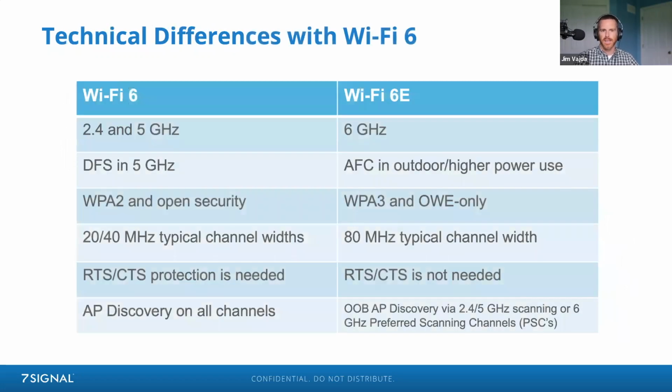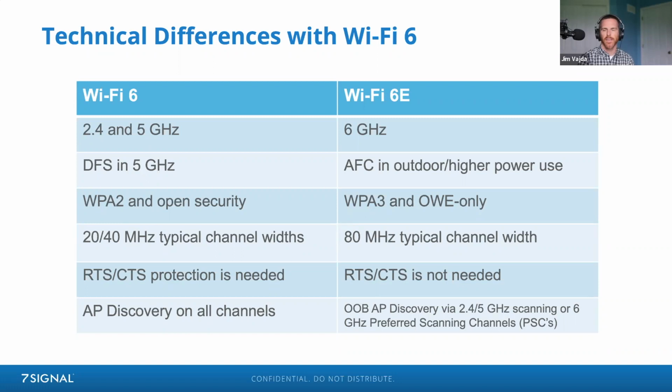A couple of the technical differences with Wi-Fi 6 in 2.4 and 5 gigahertz. We've talked about a lot of these things. One of the things I do want to highlight is that with Wi-Fi 6E, we can only use WPA3 and OWE. OWE is Opportunistic Wireless Encryption, and that's used for public, open networks.